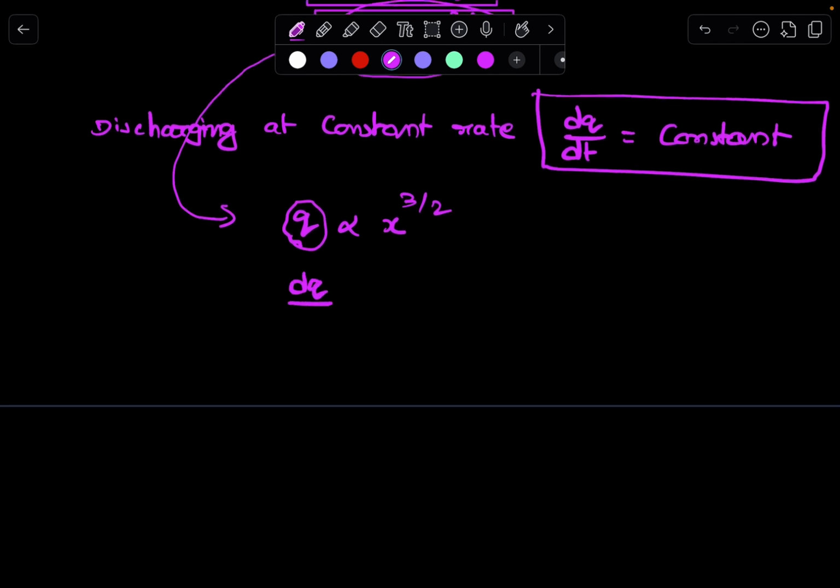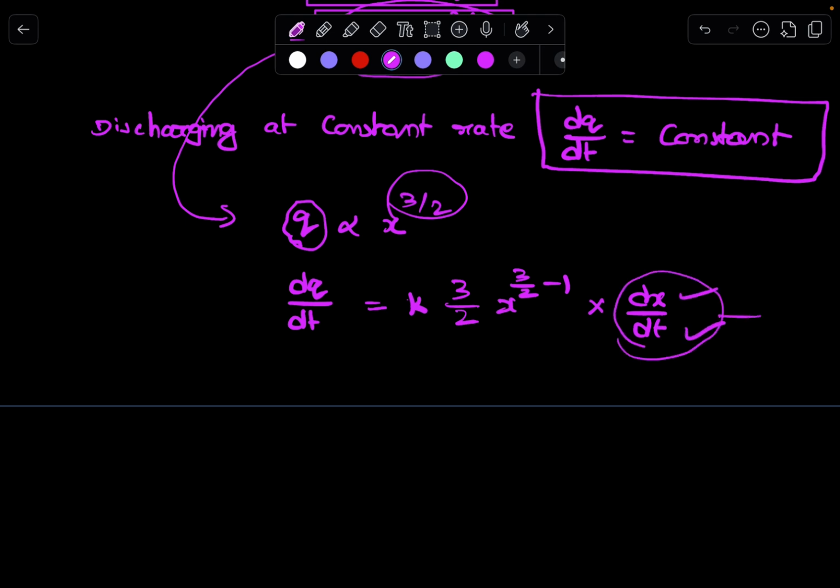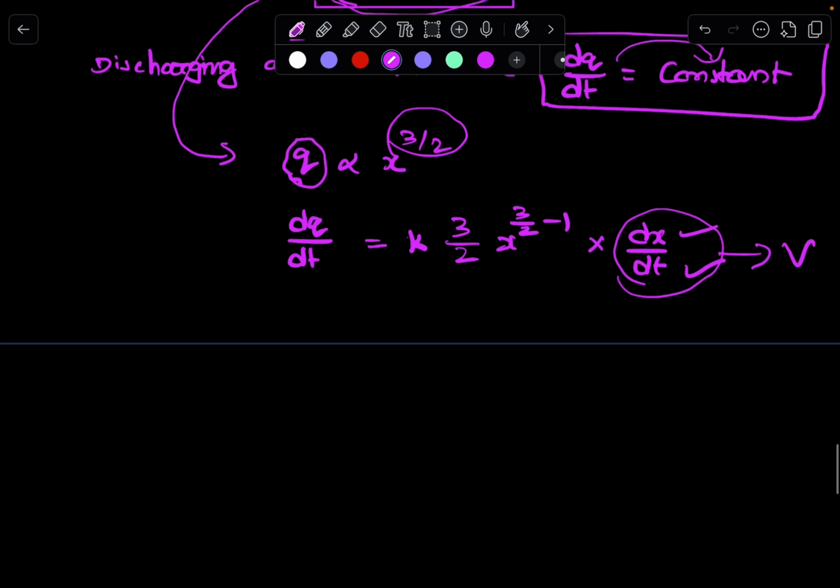That means dq by dt is equal to some constant k into, 3 by 2 comes here, 3 by 2 into x power 3 by 2 minus 1 into dx by dt. Displacement by time is called velocity, right? So this term we can write as velocity. Here dq by dt is nothing but constant. Am I right?